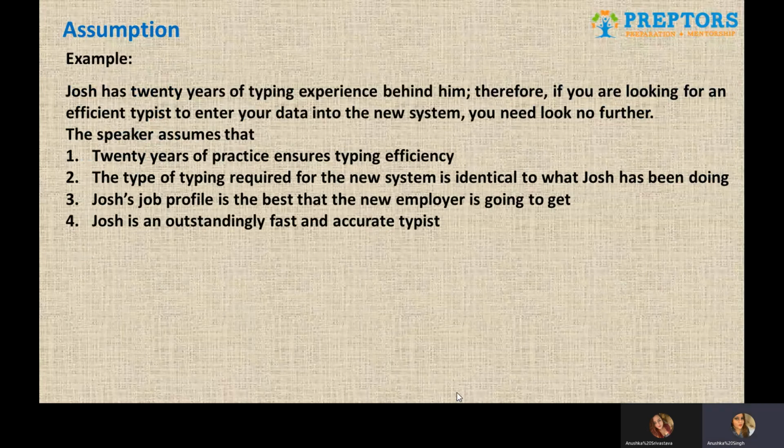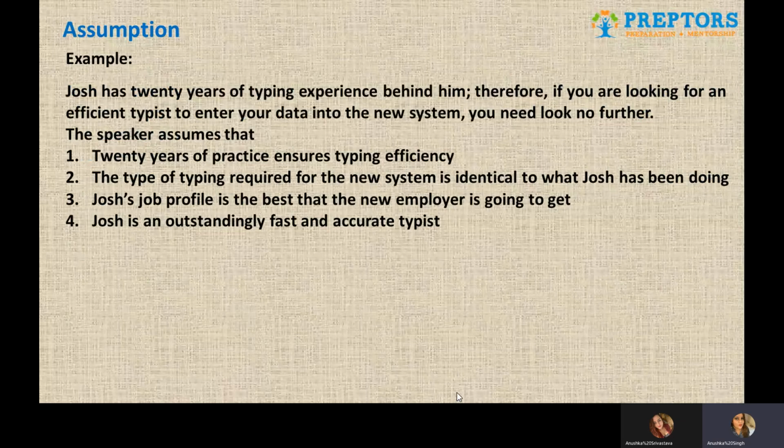Now it says that Josh has 20 years of typing experience, and if you're looking for an efficient typist, then you need not look further, which means you have Josh. So obviously, the speaker is trying to assume that 20 years of practice ensures typing efficiency. And that is why if you're looking at an efficient typist and Josh has 20 years of experience, then you should go for Josh. If I negate this, so let us try the denial test.